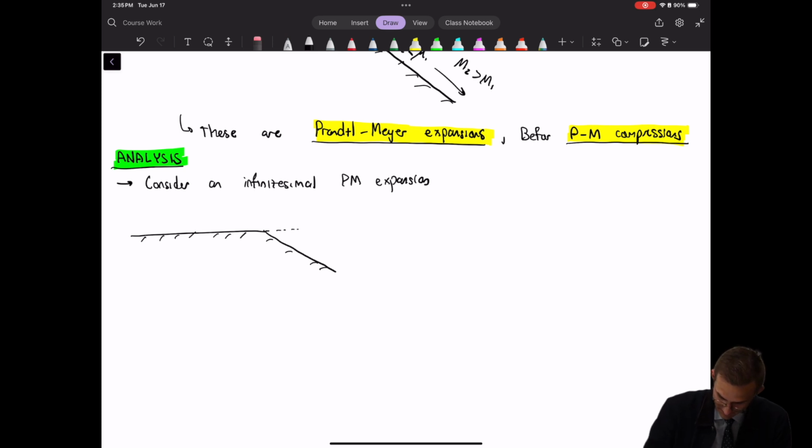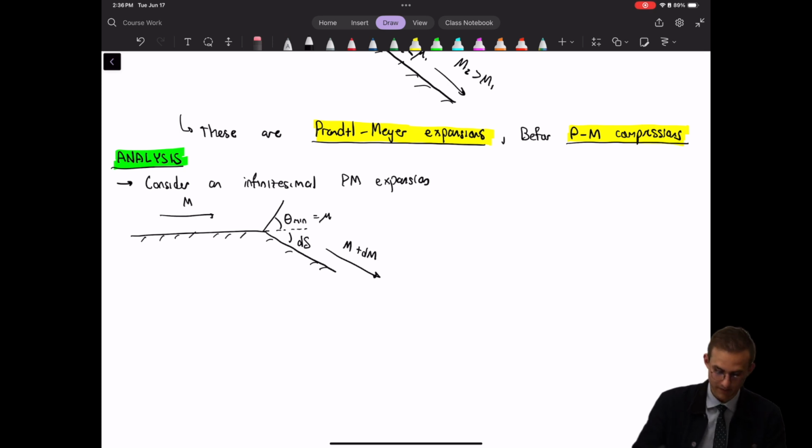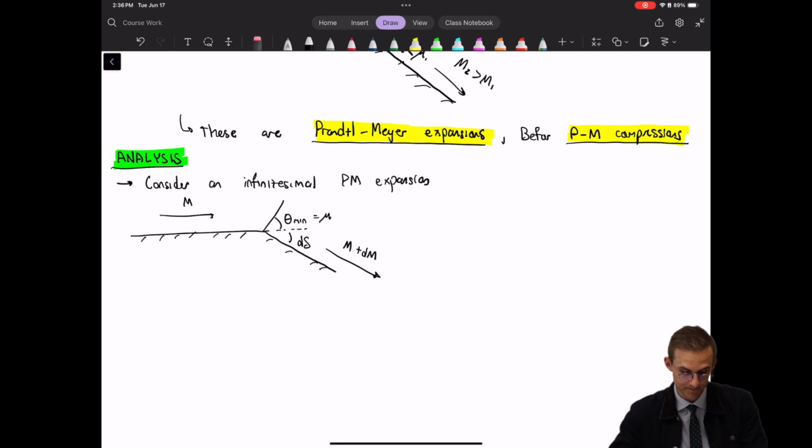We'll say that the deflection angle here is some d delta, so a very small deflection angle. And then we have this expansion wave, which will be at the angle theta min, the minimum shock angle, which is equal to mu. And then we have a resultant flow that is the original flow Mach number M plus some increment in Mach number, and then of course we have the incoming flow at a Mach number of M.